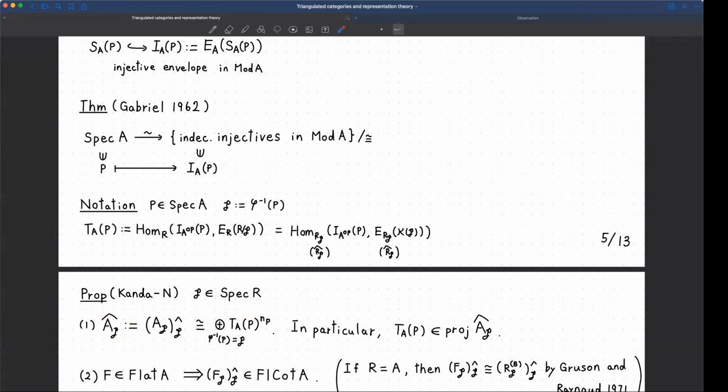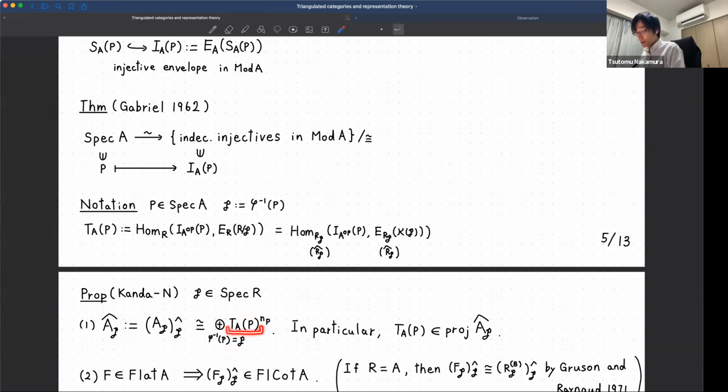And I'd like to emphasize that this T_A(P) is indecomposable as a right module, because of the definition, we can check that this is indecomposable. So this is a decomposition of this module into a finite direct sum of indecomposable projective A_p hat modules. In particular, this module is a projective A_p hat module.